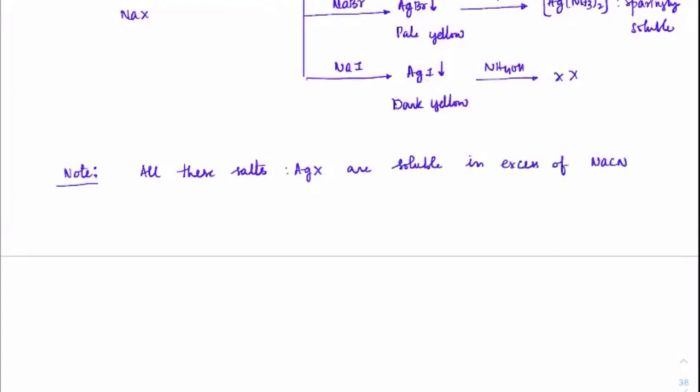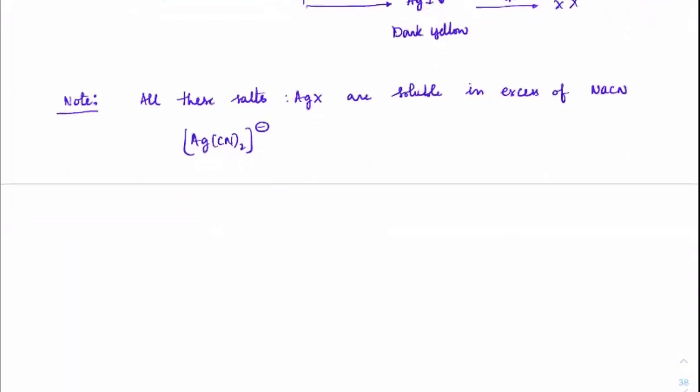If I take excess of NaCN, everything will get dissolved with the formation of a complex, and the complex which is formed is Ag(CN)2 minus. So this confirms the presence of halogens, and all halogens will be easily dissolvable in excess of NaCN. Got it?